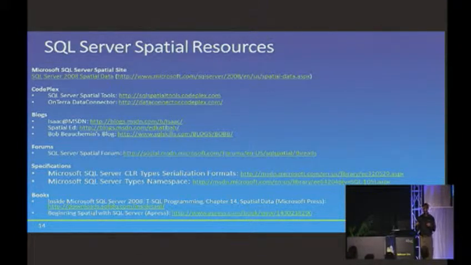Anybody who's interested in our object model and how we have implemented SQL Server Spatial can go to our specifications down over here, and we have a full publication of our on-disk binary format. Again, nothing up the sleeves. You can see exactly how we've created the object model, what we store on disk. Additionally, our library is fully specified in the SQL Server types namespace document also down here.